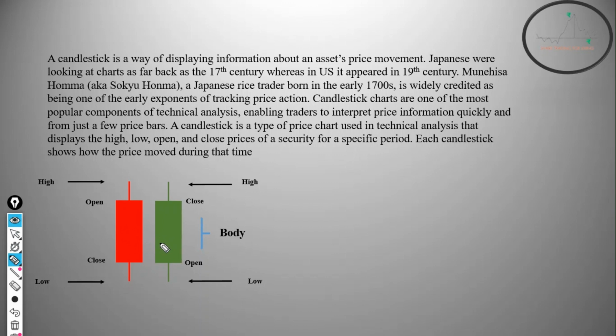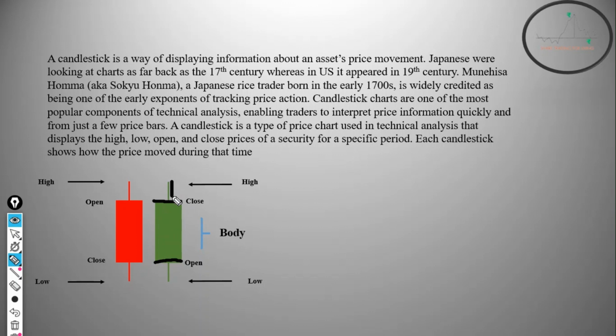In a green candle, the closing price is higher than the opening price. So this is the opening price. Say for example, this is $1. Then the closing price will be higher than $1. So that could be 1.582 or any amount, but it has to be higher than the opening price.